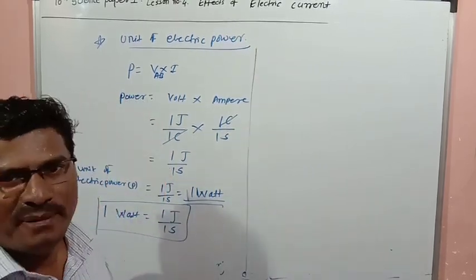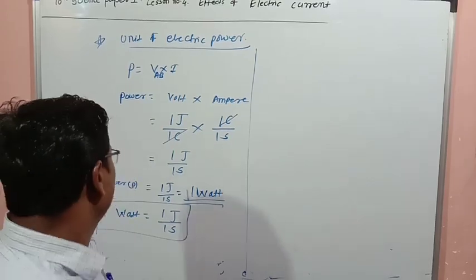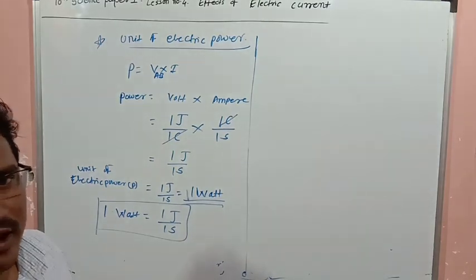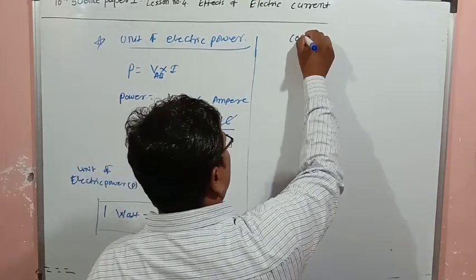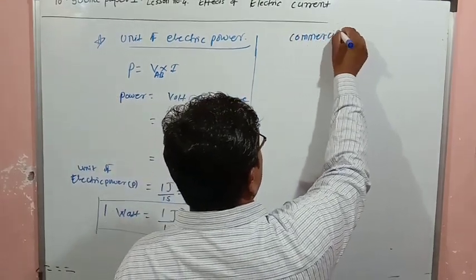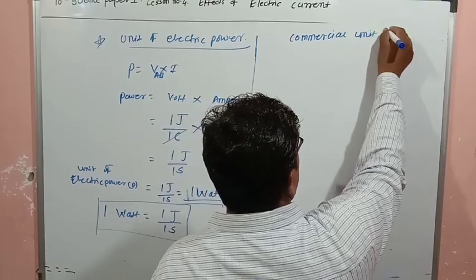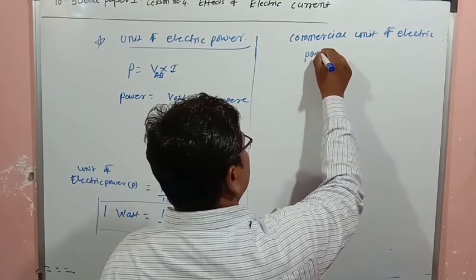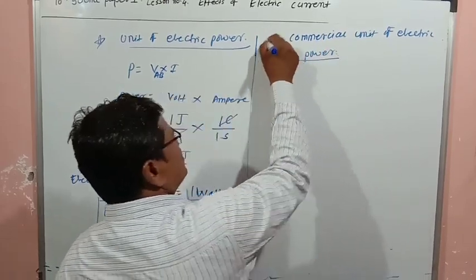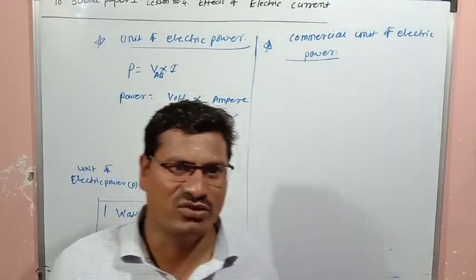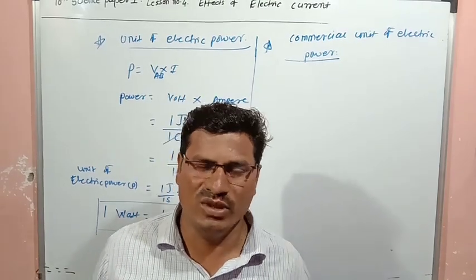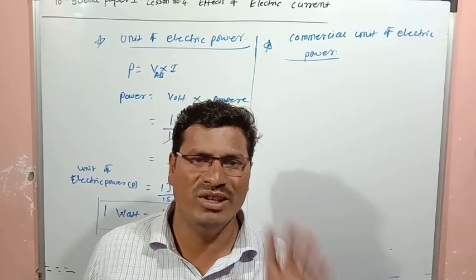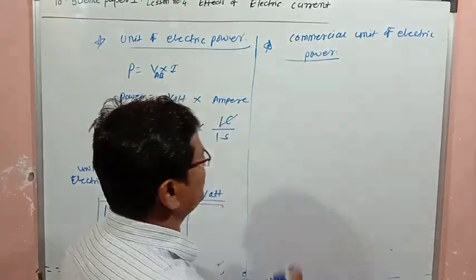After this, the commercial unit of electric power. If you see the electricity bill of your house, units are given there, 10 units, 5 units, and the bill is based on those units. That is what we are going to learn.